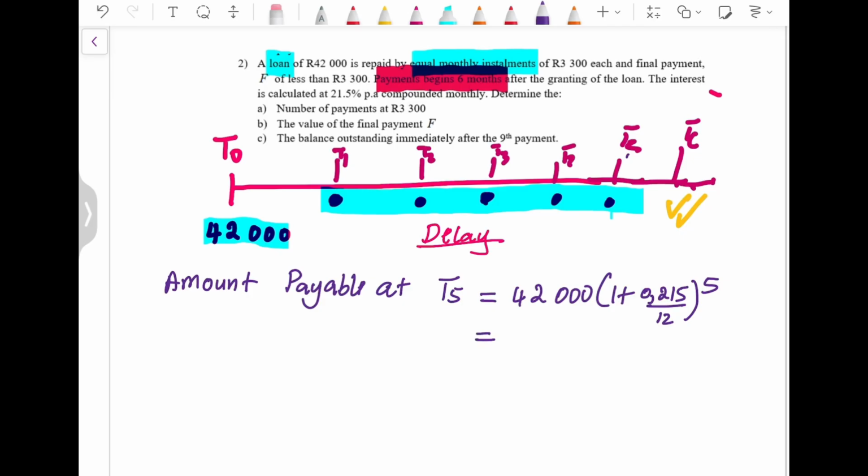This is equal to 45,899,76021. Now this is our P for the present value formula. So our P is affected because there are payments that were not made. During that period, your loan amount will grow in compound interest. So this is our P.